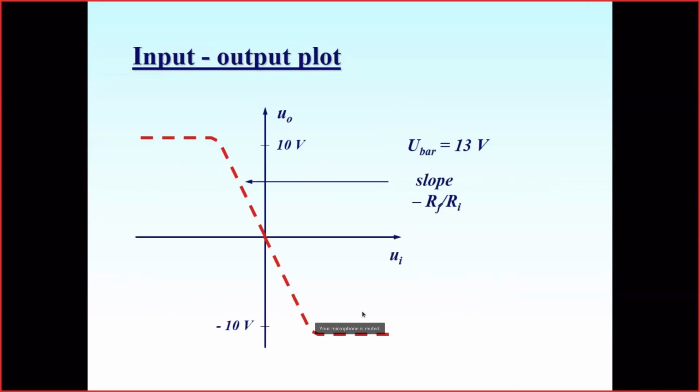Okay, so here is an example of how the input-output plot of this amplifier looks. Here we have the input voltage, here we have the output voltage, and this is an example when we provide the power supply plus minus 13 volts. And the amplifier is of the class of this 741 or our LM583.